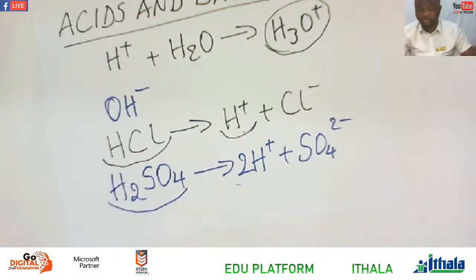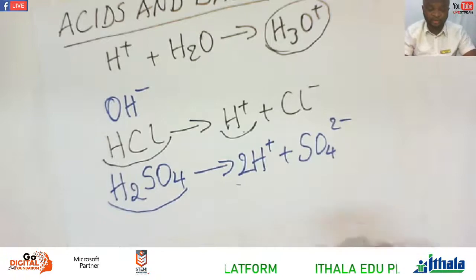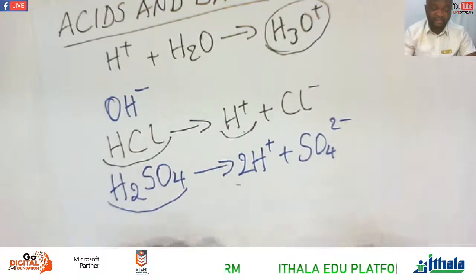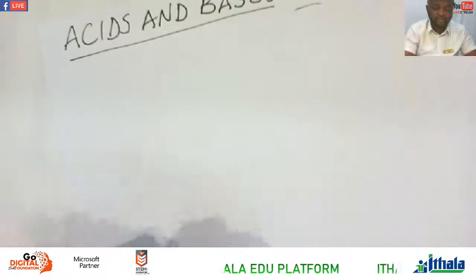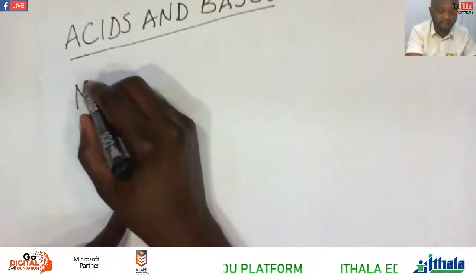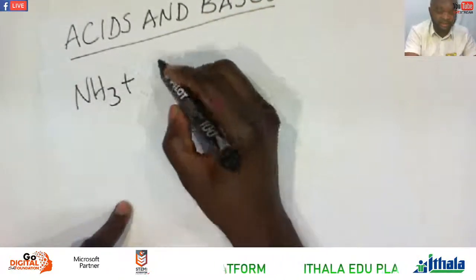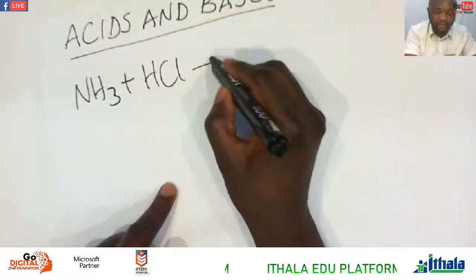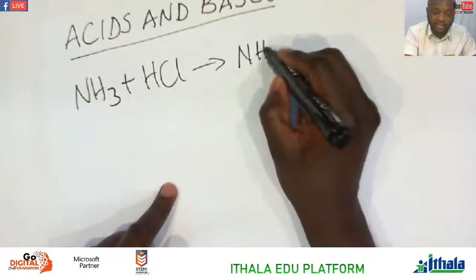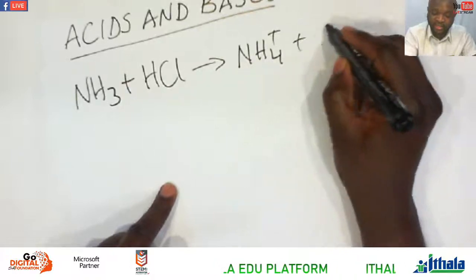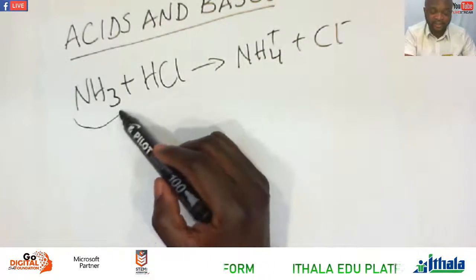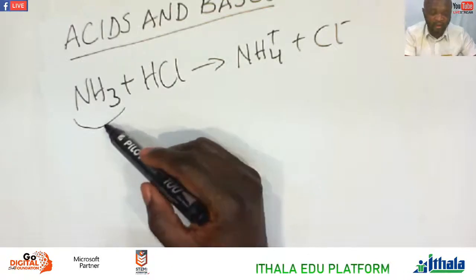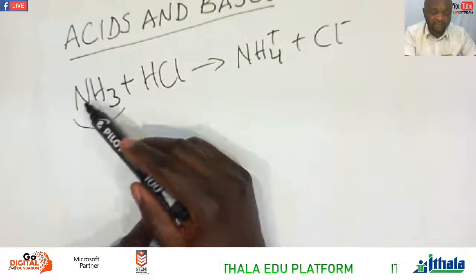Right. Then the other thing, sakhuluma ngama conjugates. Conjugate acid of a base and a conjugate base of an acid. And we took an example, NH3 reacting with HCl to give NH4 plus and Cl minus. This one is a base, a weak base.